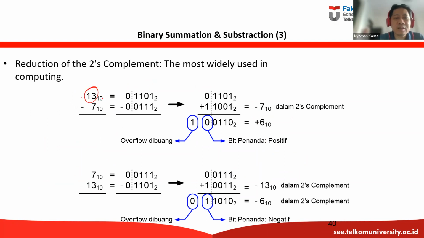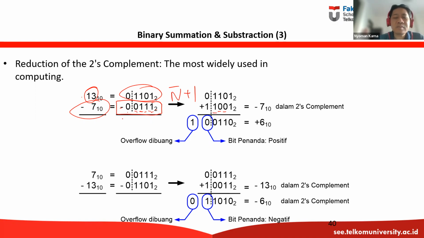Same thing, 13 will become this. Minus 7 is 0, 0, 1, 1, 1. And then I'm going to use two complement to represent this negative value. So we need to complement each bit. 0 become 1, 1 becomes 0, 1 becomes 0, 1 become 0, but because it's two complement, we need to add 1.